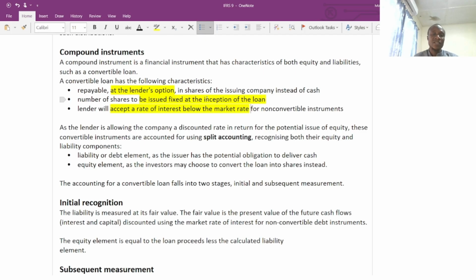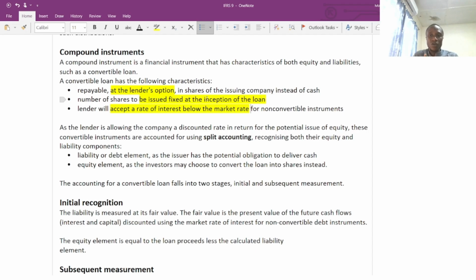The basis is that the lender will accept rates below the official market rate, because the loan has the propensity to convert into ordinary shares in the future, which might be a benefit for the loan provider, or might not be, depending on the market value at the date of exercising that option.